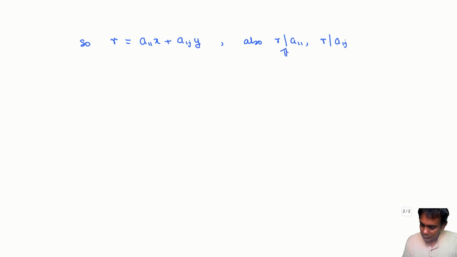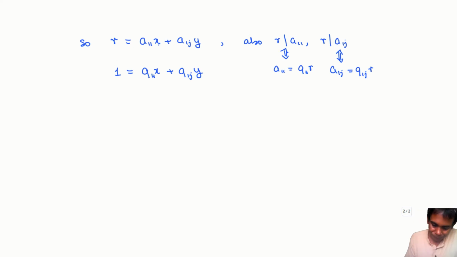This means that I can write A11 as Q11 times R, and A1j as Q1j times R. So what I get is 1 is equal to Q11 times X plus Q1j times Y, just taking this first equation and dividing both sides by R.